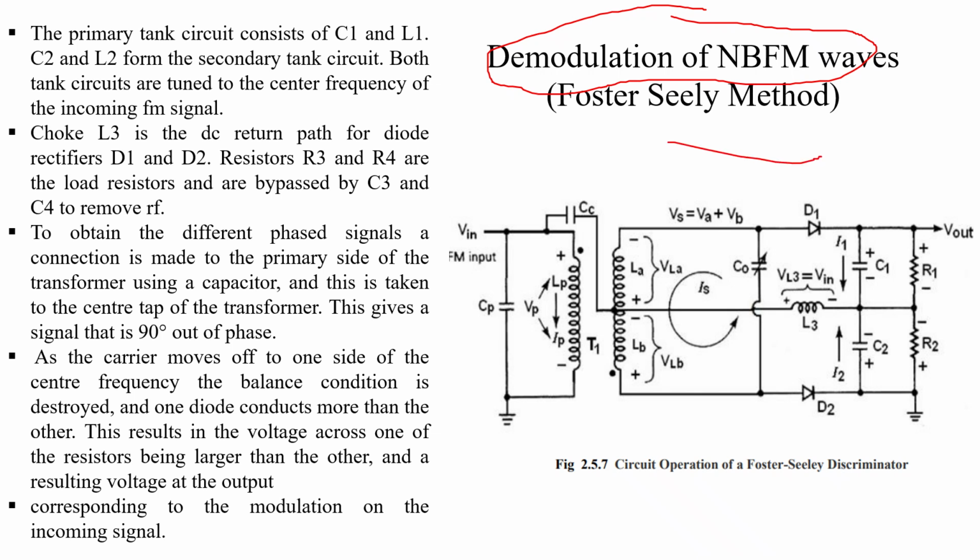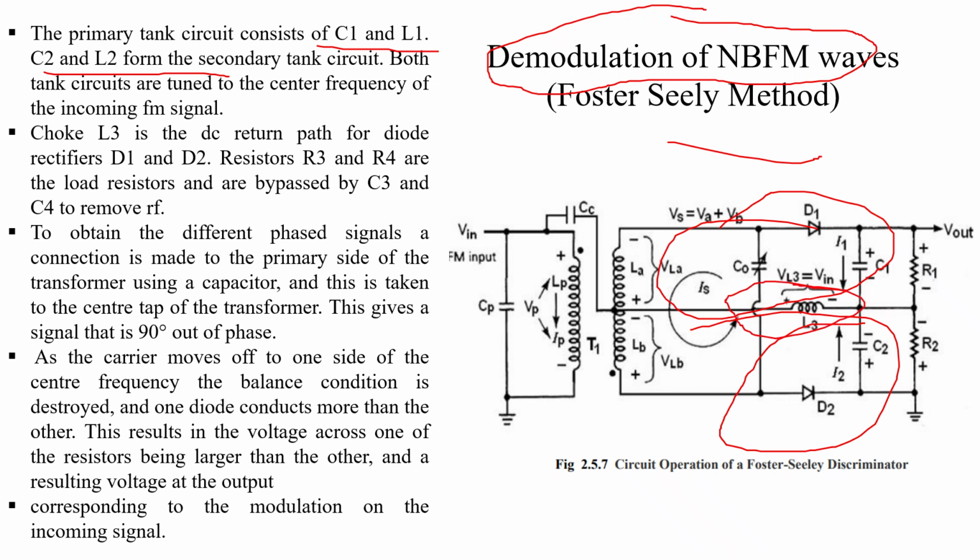So how will it work? In the Foster-Seeley method, the primary tank consists of L1 and C1, and the secondary has C2 and L2. So here you can see C1 and L1 are both there, and C2 and L2 are both there, right? And L3 is common, in between.